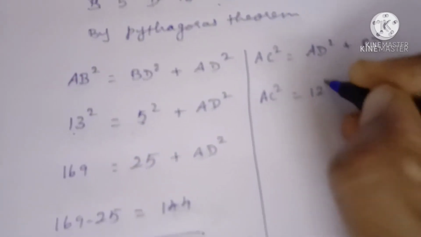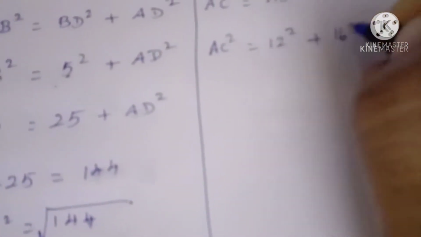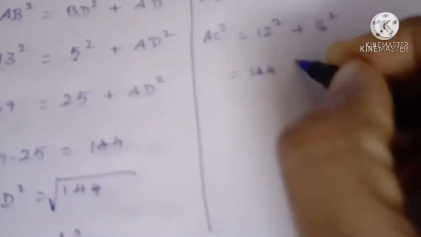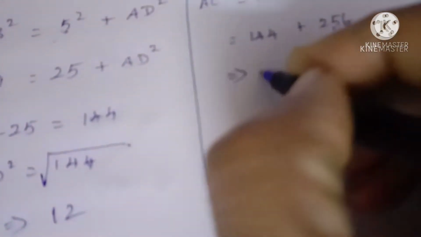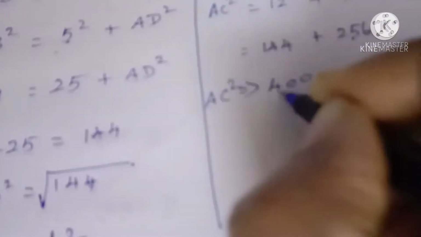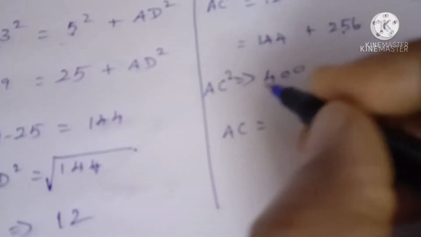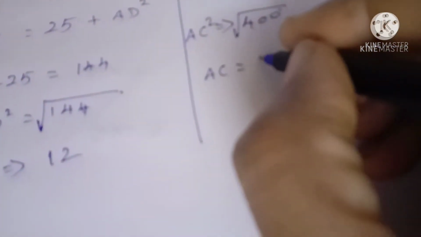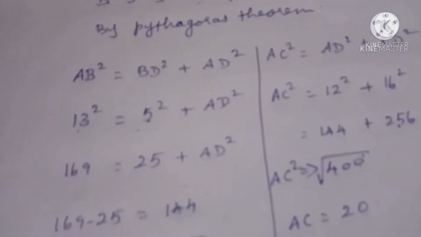So 12 square plus CD square, which is 16 square. 12 square is 144, 16 square is 256. So 144 plus 256 is 400. AC square is 400 means AC is equal to the square root of 400. The square root of 400 is 20. Therefore AC is equal to 20.